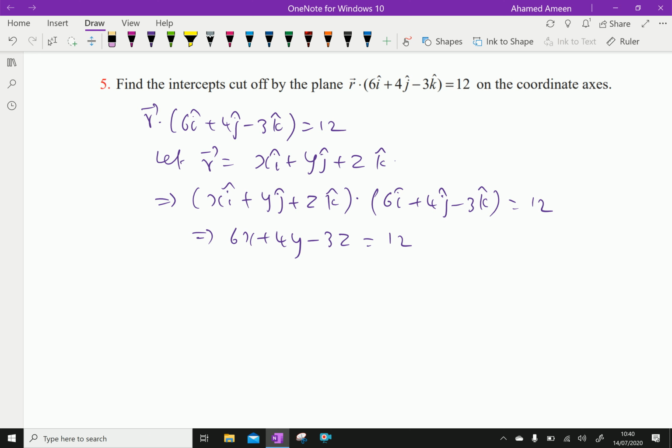Therefore dividing by 12 throughout, we get x by 2 plus y by 3 minus z by 4 equals 12 divided by 12, which is 1.